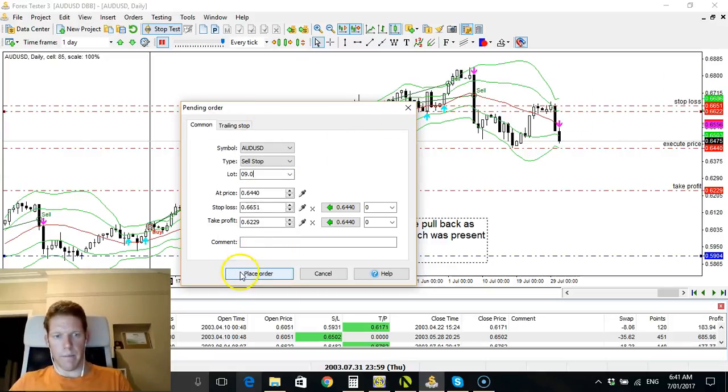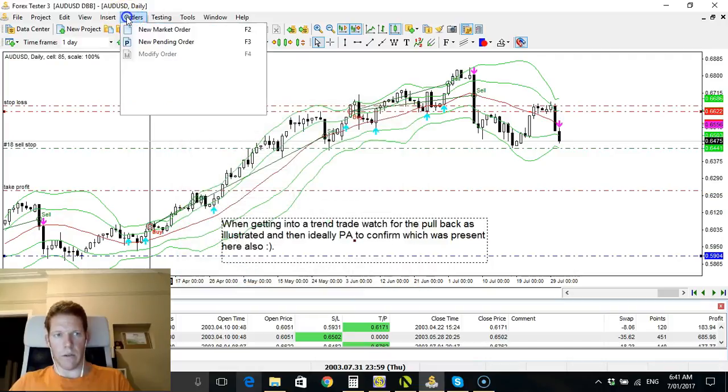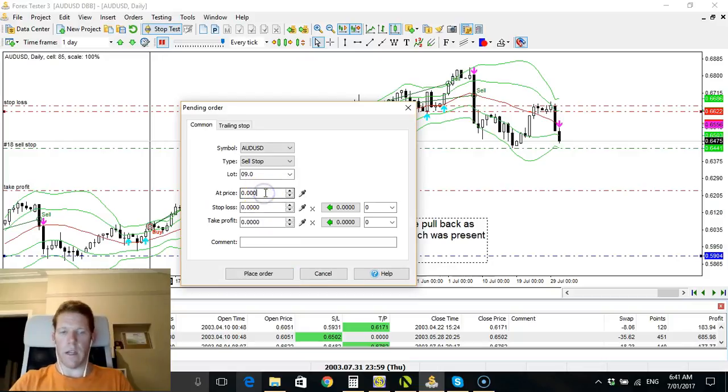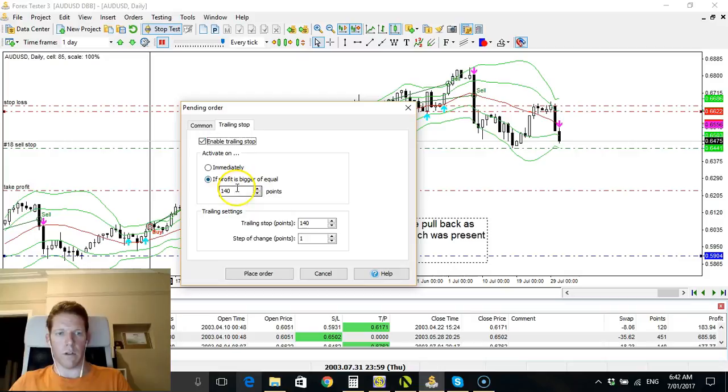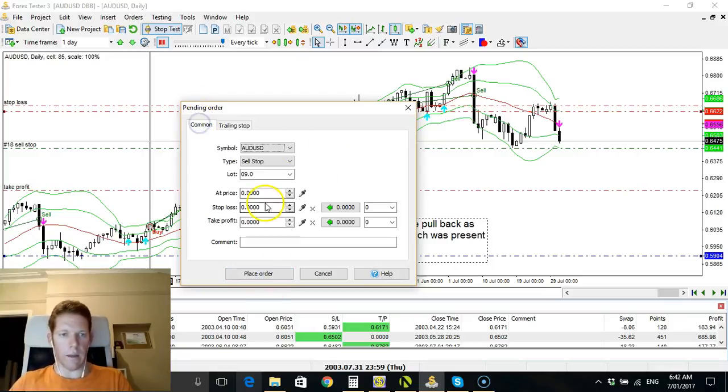Alright, so we're placing the order. We're doing it again here, and I'll show you the difference. Pending order, same inputs, same risk. Don't forget, I've done this before. Trailing exit 211. I'm only going to really do one trade because this is blowing out here. Nearly made the trade as well.